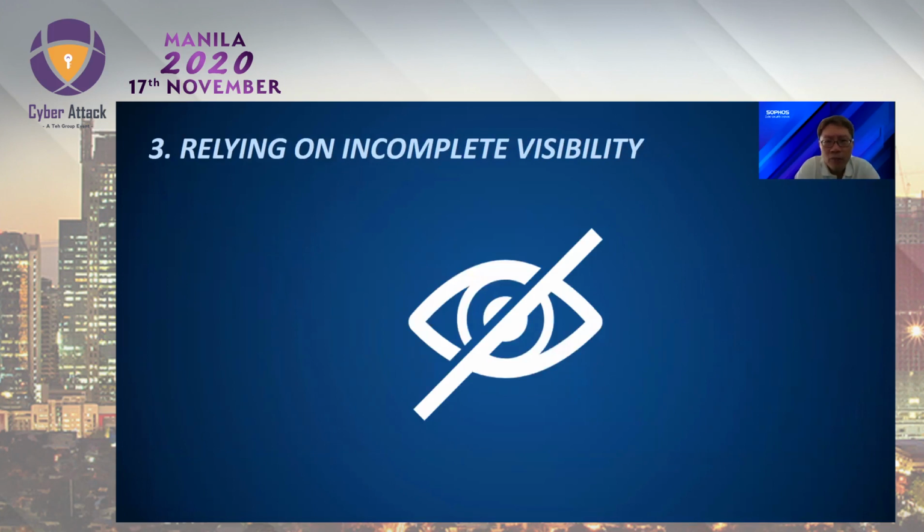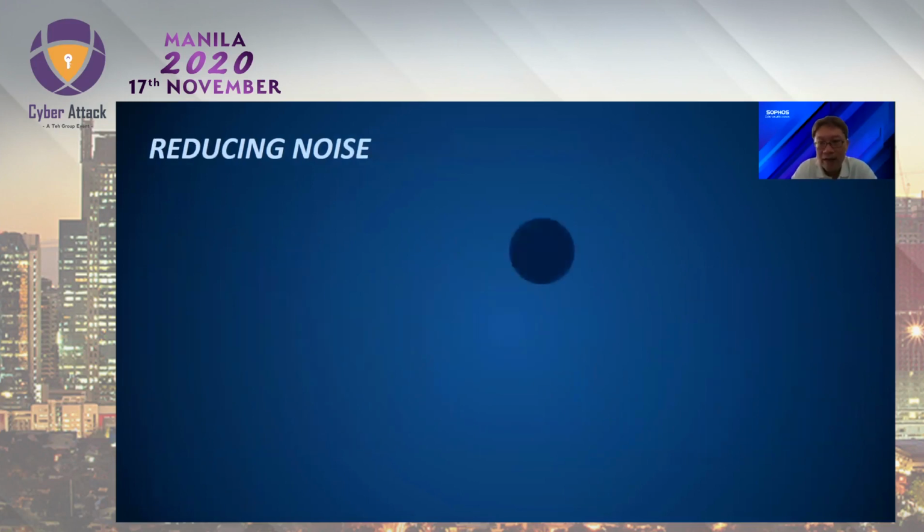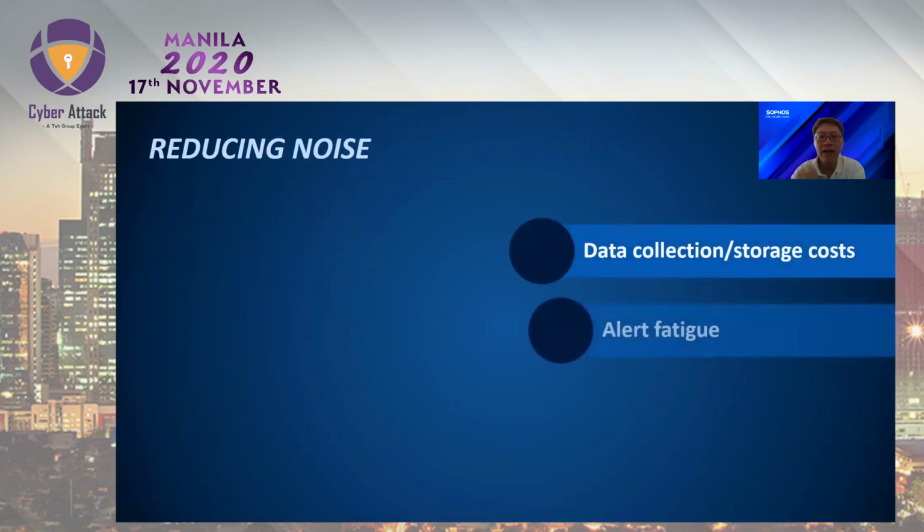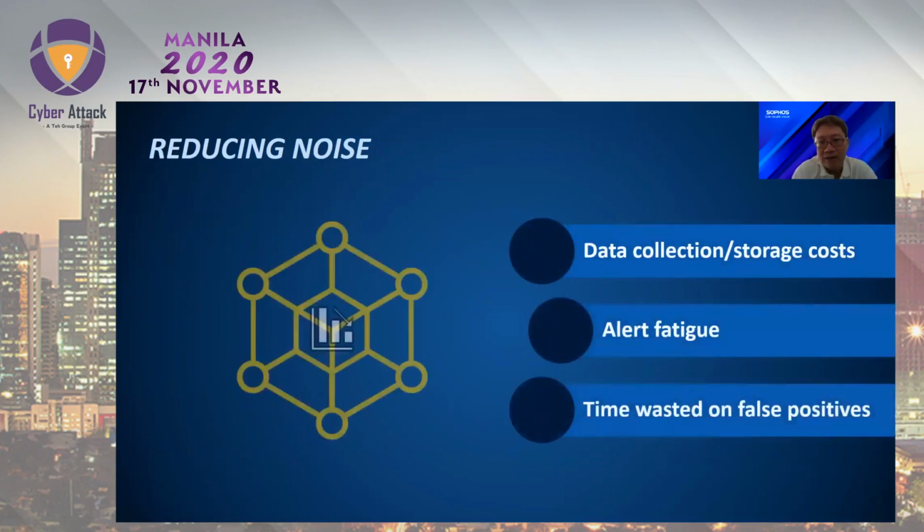The third one is the most important one, relying on incomplete visibility. One of the key items that we have seen, and have talked to many of our customers about, is the data collection.